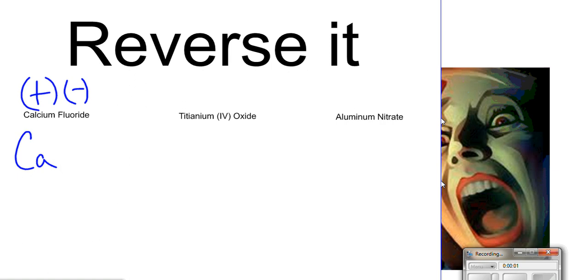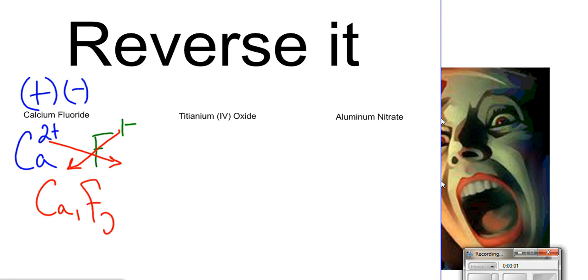It's in group 2, so it has a 2+ charge. Fluoride, anion, is a fluorine molecule that's got a charge. Group 17, it's a halogen, it's always 1-. Get rid of the plus and minus and swap the numbers. So 1 comes down here, 2 goes out there, and we get calcium 1, fluoride 2. Charges balance out.